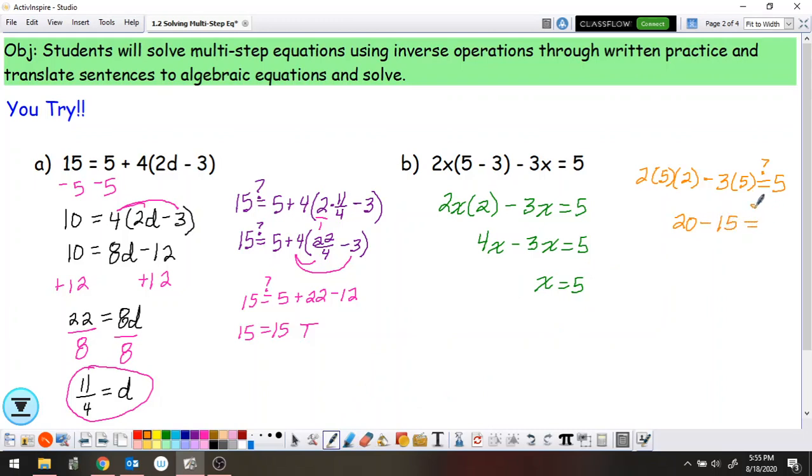Is that going to equal 5? And we end up with 5 equals 5. That is true. So our answer is x equals 5.